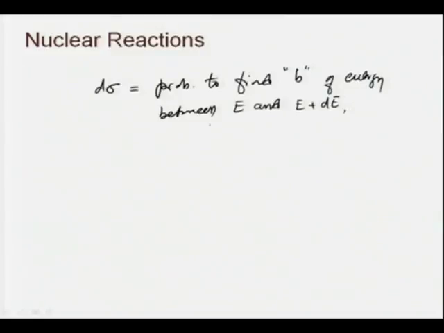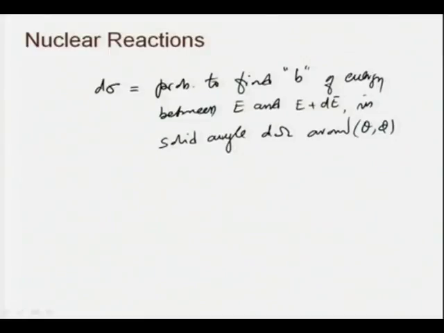So, the probability to find B of energy between E and E plus dE, some small interval of energy, and in solid angle d omega around theta phi, exactly the same as before. The solid angle around theta phi is sin theta d theta d phi.